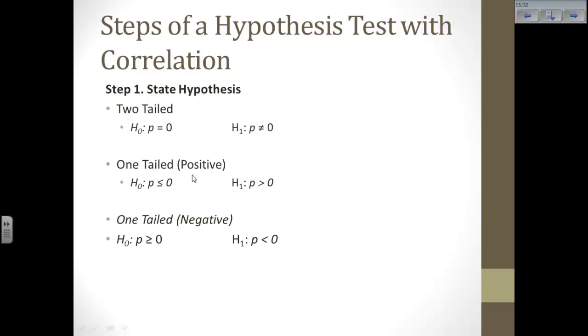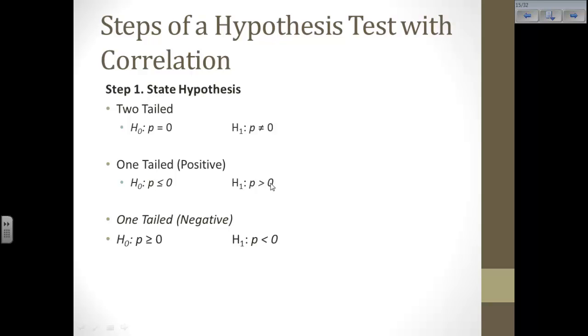Another type of hypothesis that you can have in step 1 is a one-tailed test. If you think that people who have higher values on X tend to have higher values on Y, or people with lower values on X tend to have lower values on Y, you're expecting a positive relationship. So under the alternative, you're expecting that the population correlation implied by the sample is going to be greater than 0.